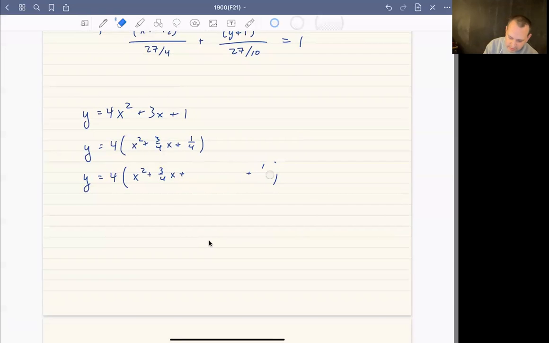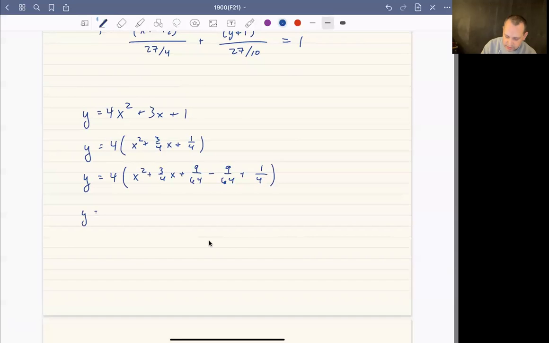So half of 3/4 is 3/8, squared. So that should be 9/64, and still plus our 1/4. And so here we've added and subtracted this magic term that we need to make it a square.